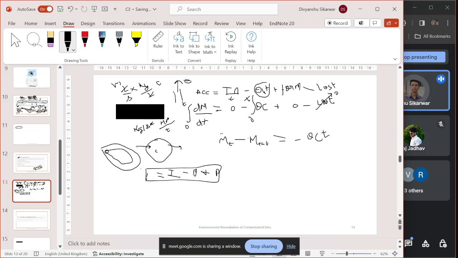So this is the mass of the contaminant at t time.